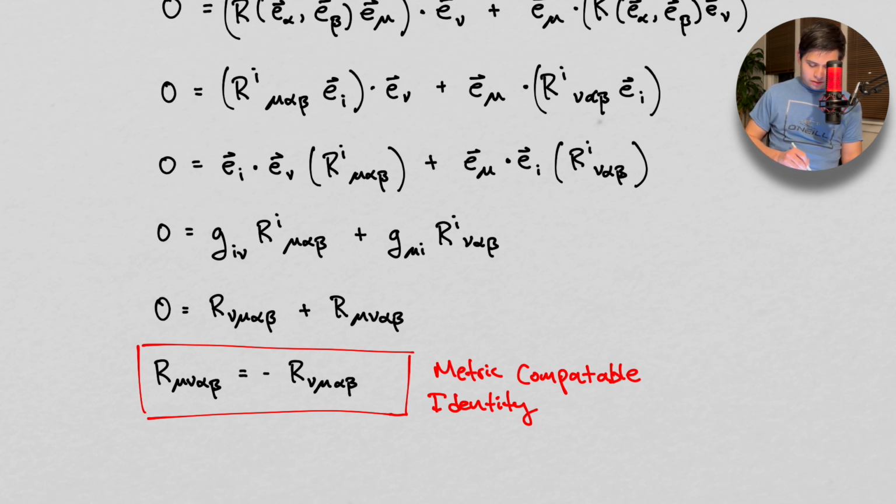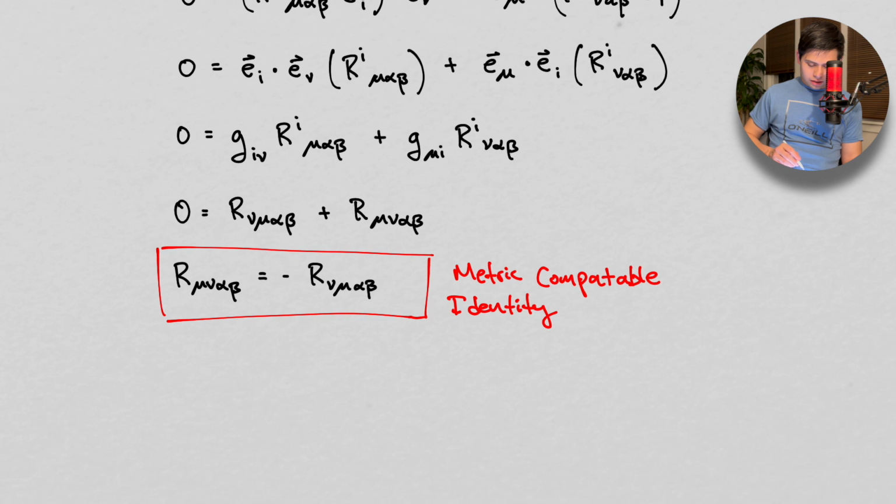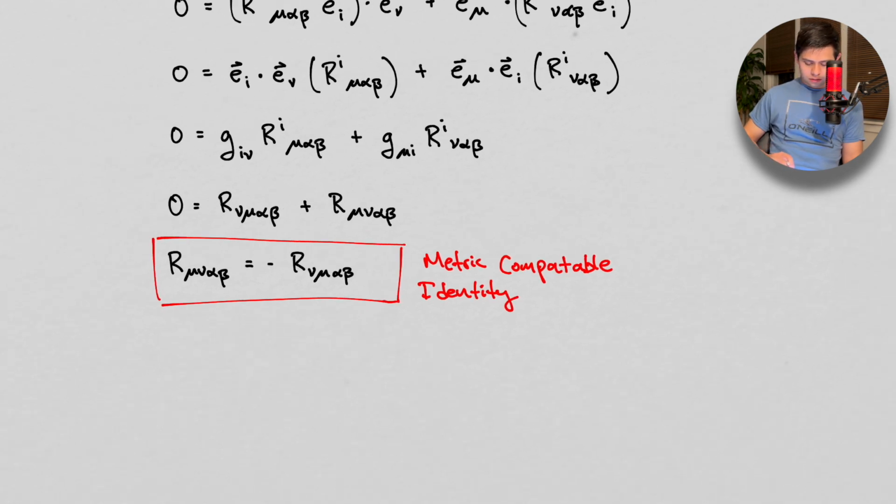So we get this. That's going to sum, or this is contraction over an index, and so we get this guy right here. All right, so we can take one of these guys over to the other side, and we find that one is the negative of the other. So this is the metric compatible identity.